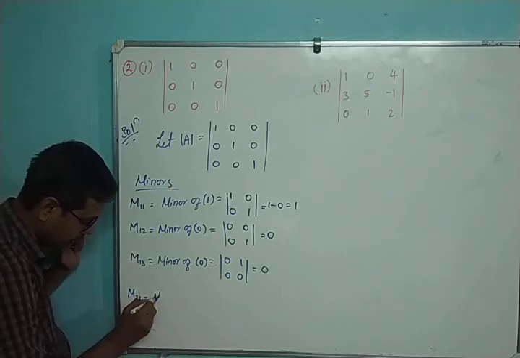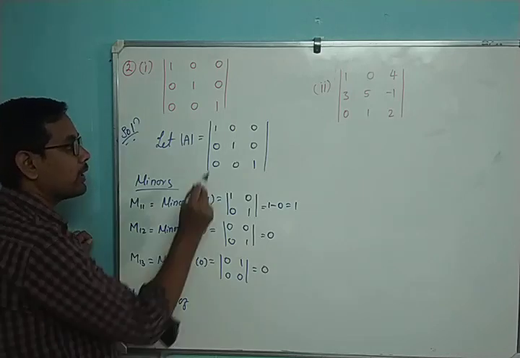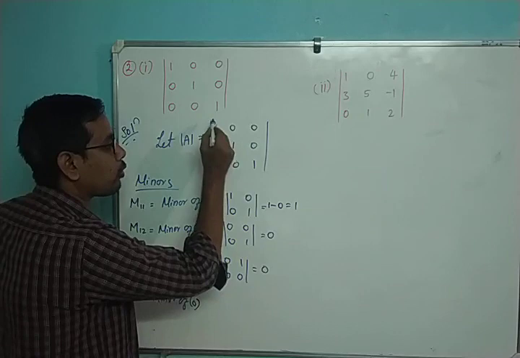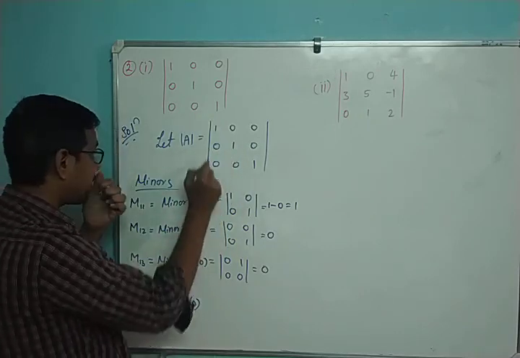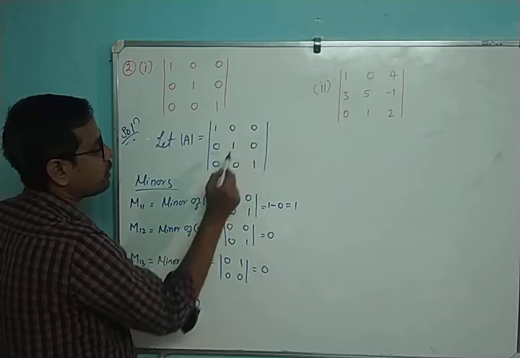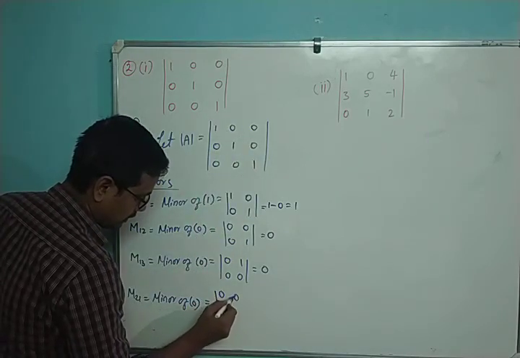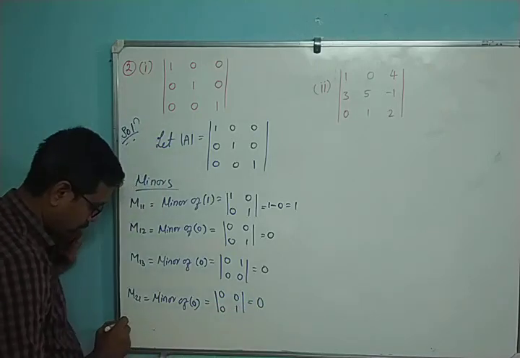M21 is equal to minor of what? This 0. So leave the row and column containing 0. Second row and first column should be left out. So if I leave second row and first column, what will be left? 0 0 0 1. That is nothing but 0.